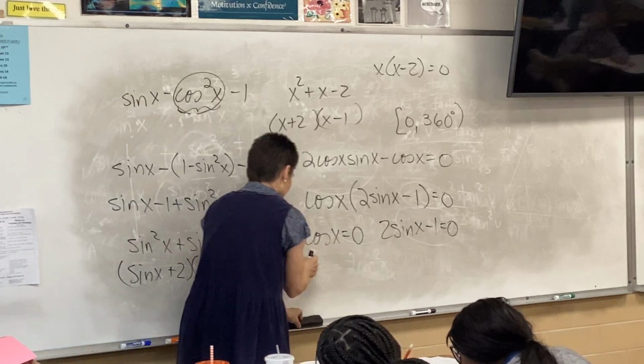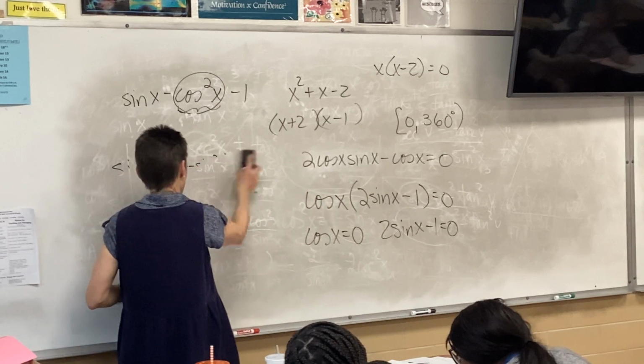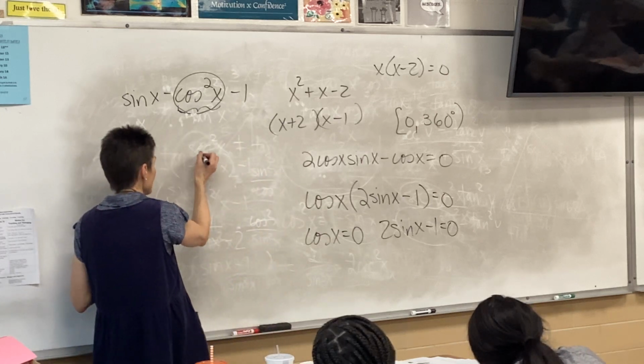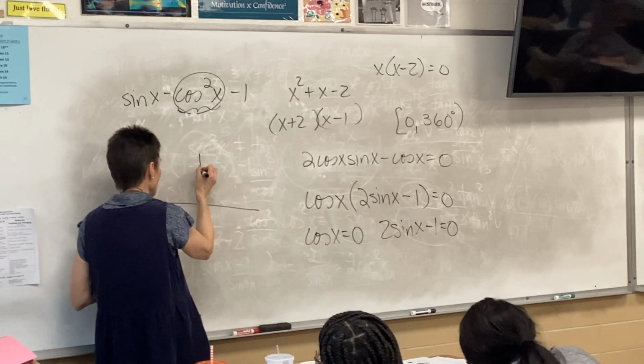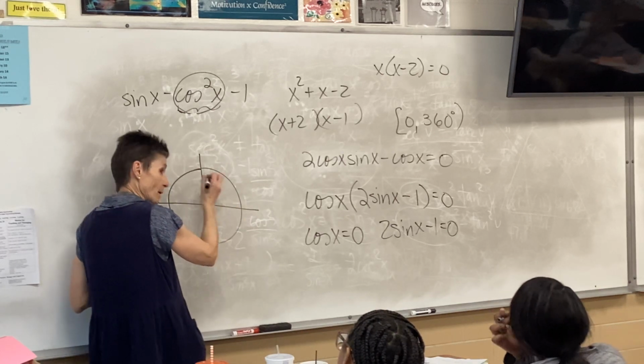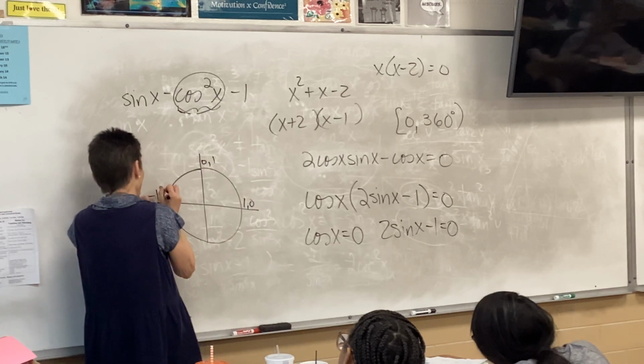Now, where does the cosine equal 0? Where does the cosine equal 0? I want you to think about your unit circle, your circle with a radius of 1. Think about all of these points.